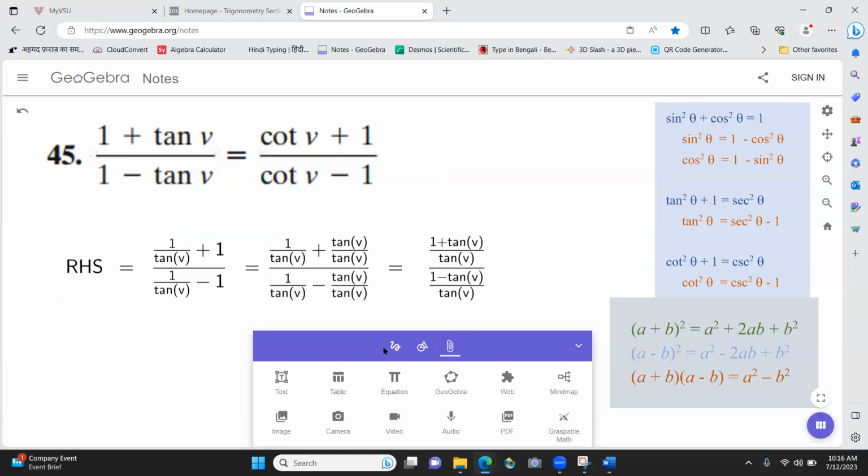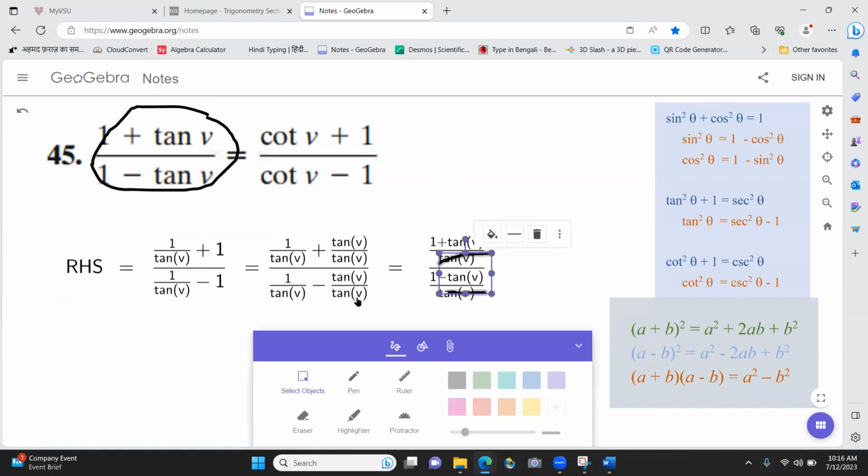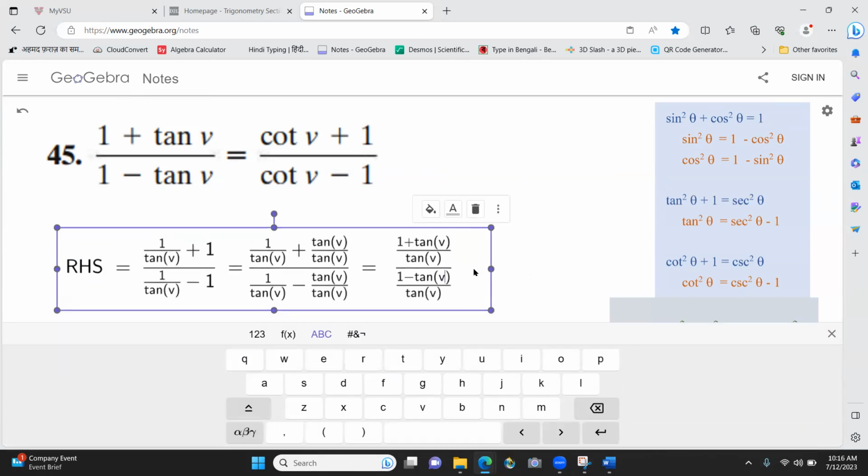Now I have good news for you guys. I can cancel tan V and tan V. And what I'm left with really is this exact same thing, if you can make that connection. So this thing, after cancellation, turns out to be what I was hoping it to turn out to be.